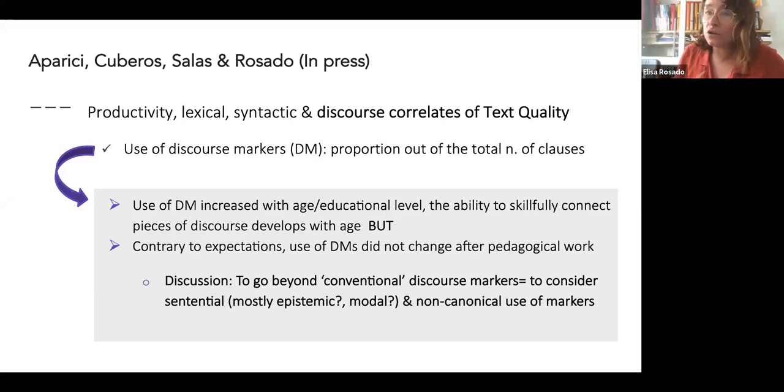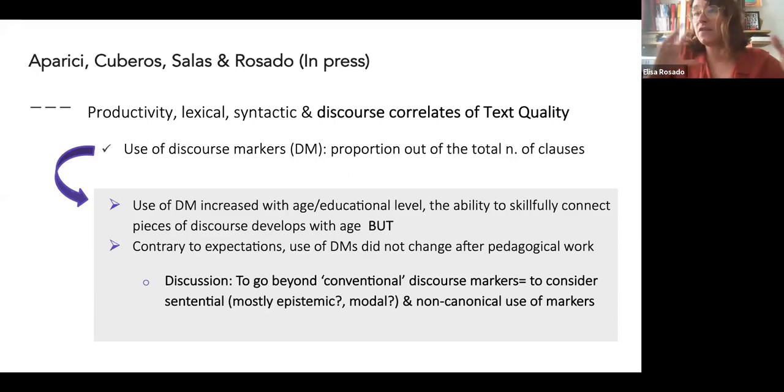But contrary to our expectations, as I advanced before, the use of these discourse markers was not dramatically affected by the implementation of the pedagogical sequence, even though it was specifically designed to pay attention to these forms as well, not only, but also to these forms. So we wanted to find an explanation for why, in spite of working on these forms, the pedagogical sequence does not make better texts in relation to the use of markers.